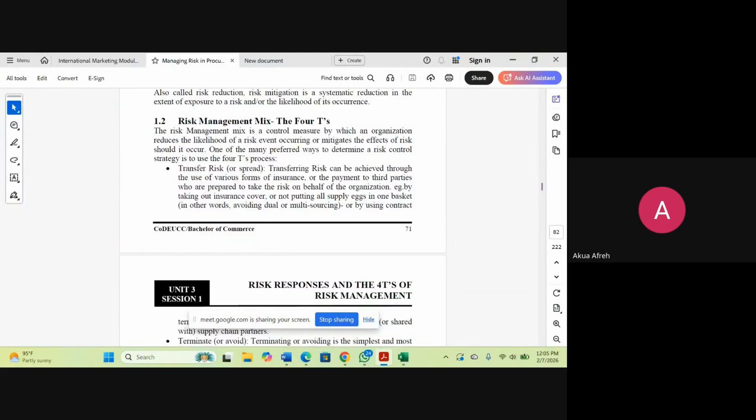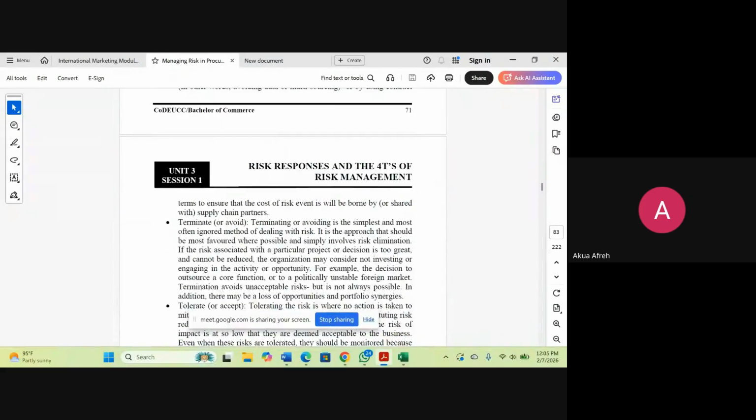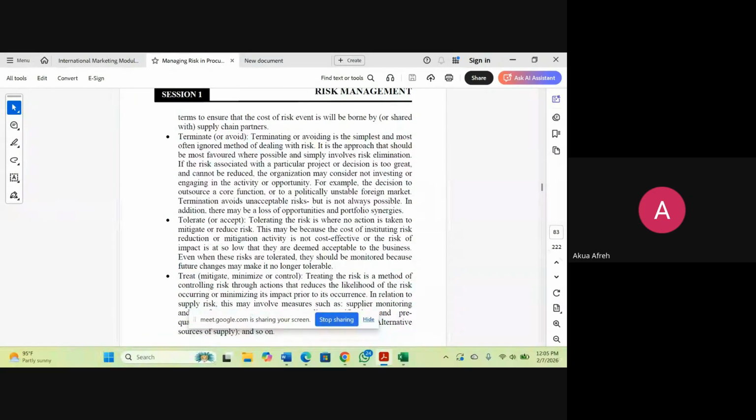Then we will talk about terminate, which is to avoid. With terminate, we are saying that we try to eliminate the risk by not investing or engaging in the activity when the risk involved is too great and cannot be reduced.